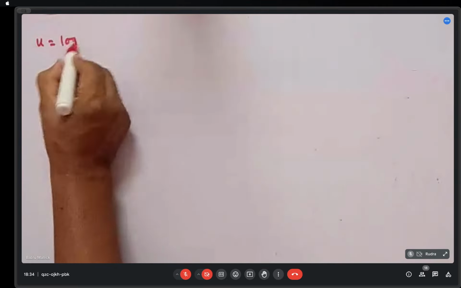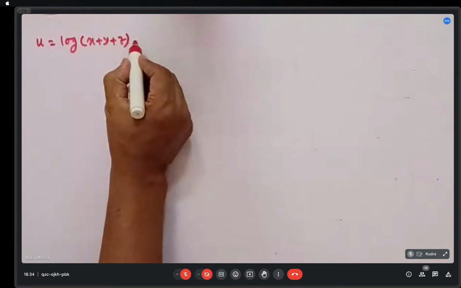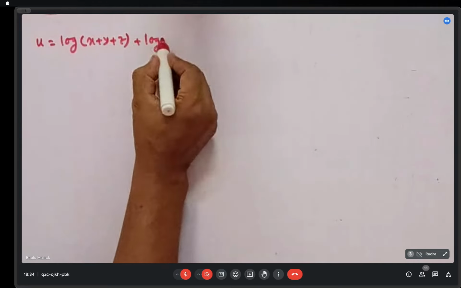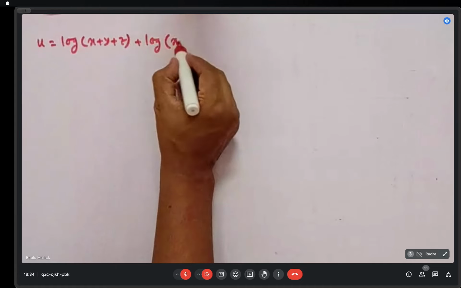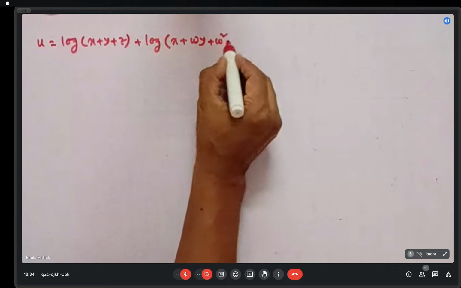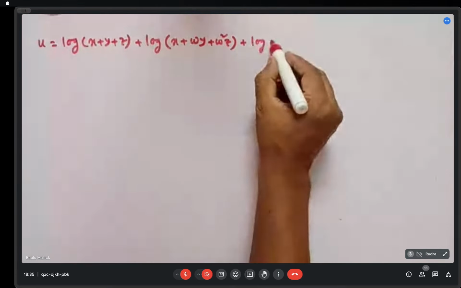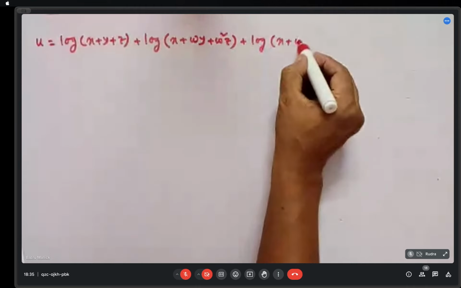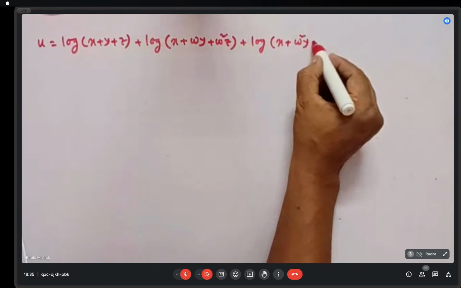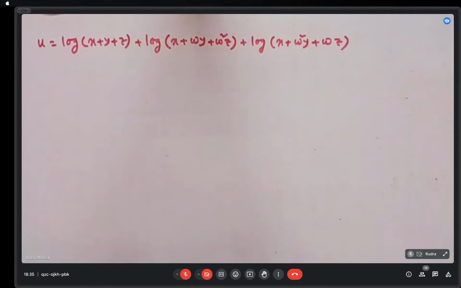We have this thing u is equal to log of x plus y plus z plus log of, we have done, it is x plus omega into y plus omega square z plus log of x plus omega square y plus omega into z.